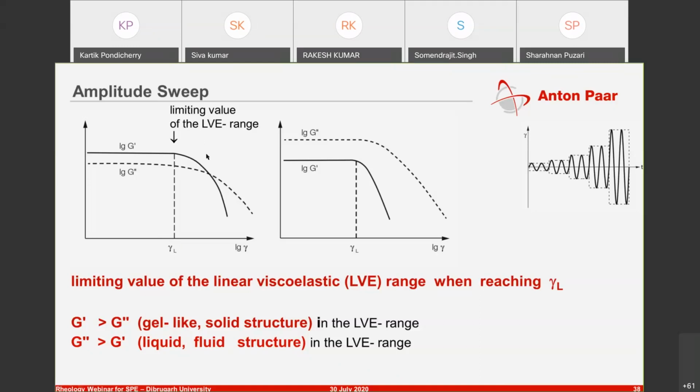So up until here, your material is not flowing, but here your material starts to flow. In this particular case, since your G double prime, the loss modulus, is already greater than G prime, you are in a state of flowing, like you are in a liquid state. So that's exactly what you see here. If you have G prime greater than G double prime, then you have a gel-like solid structure. And if you have G double prime greater than G prime, you are in a liquid or a fluid structure.